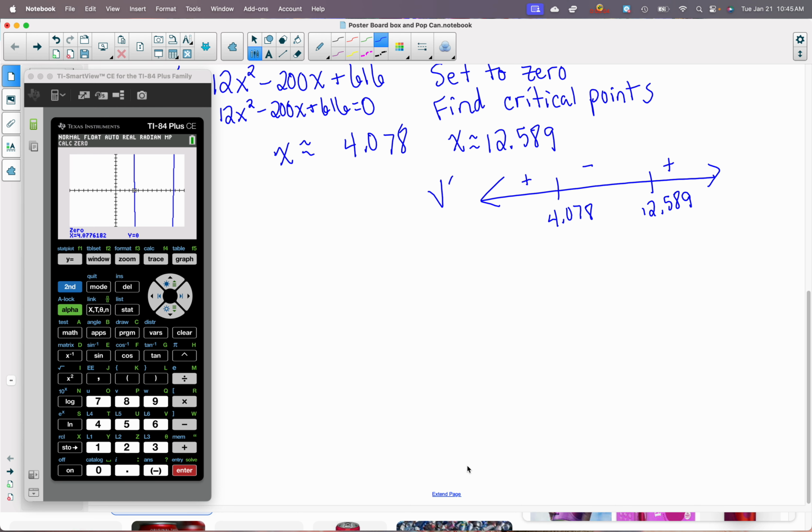So I am looking for the maximum volume. So I'm looking for where the volume changes from positive to negative.